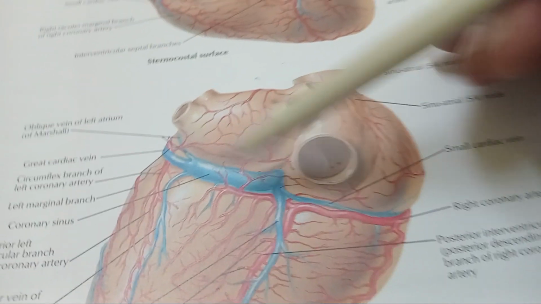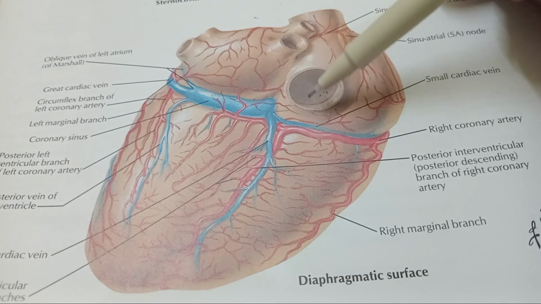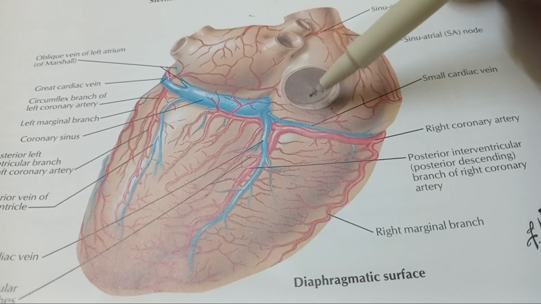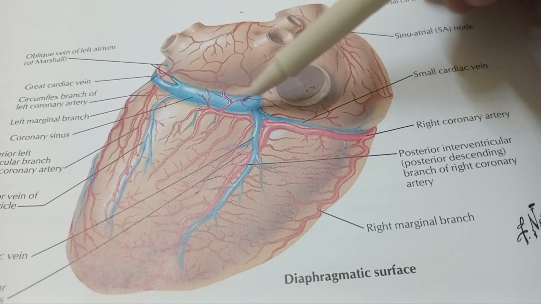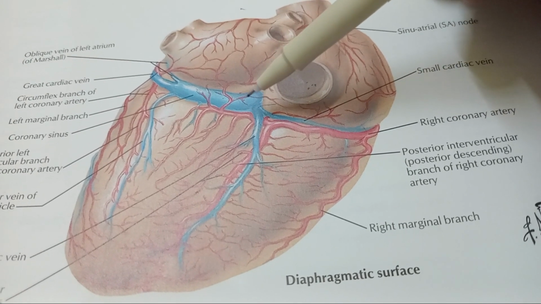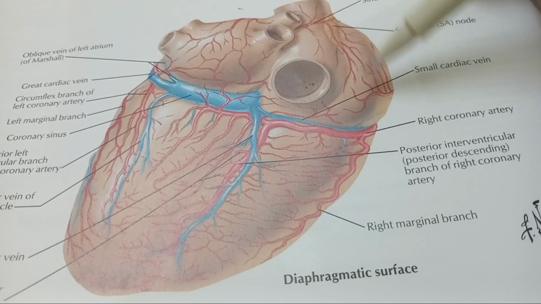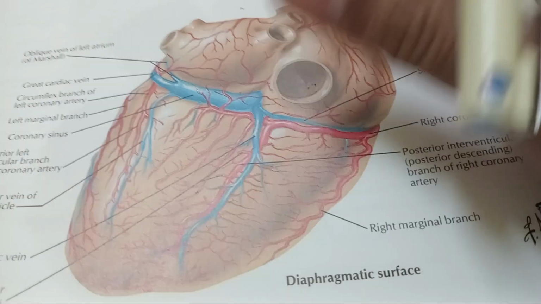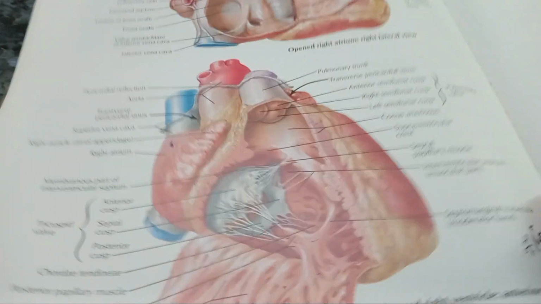This coronary sinus will open into the right atrium because it is carrying deoxygenated blood from the heart and putting it into the right atrium. So I hope this makes things clearer to you.